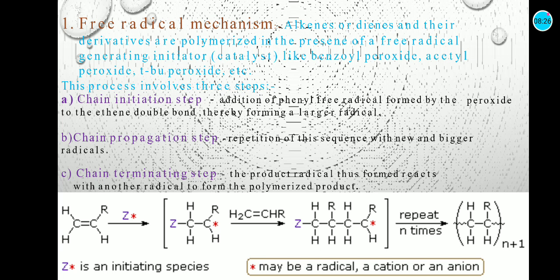Then B, chain propagation step. It is the repetition of this sequence with new and bigger radicals. Then third one is the chain terminating step. The product radicals thus formed react with another radical to form the polymerized product.